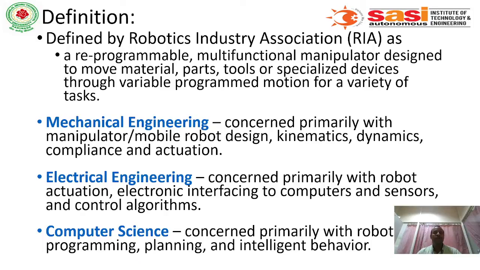Then we need computer science knowledge, concerned primarily with robot programming, planning, and intelligent behavior. So these three groups of engineering take this subject, industrial robotics, as an open elective, and this is there as an open elective in some of the autonomous engineering colleges as well as in JNTU Kakinada also.